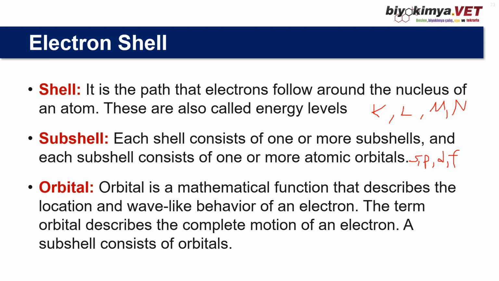An orbital is a mathematical function that describes the location and the wave-like behavior of an electron. The term orbital describes the complete motion of an electron, and a subshell consists of orbitals. The number of orbitals in a subshell is a unique property.